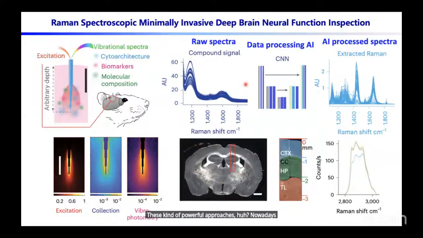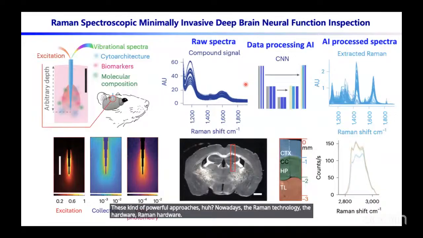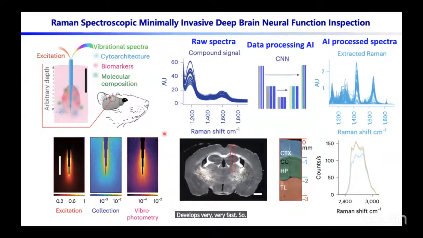Nowadays, the Raman hardware develops very, very fast. First of all, you need a probe that can be inserted or placed in any location, and then some kind of cable to relay the reflected signal onto a processing unit.